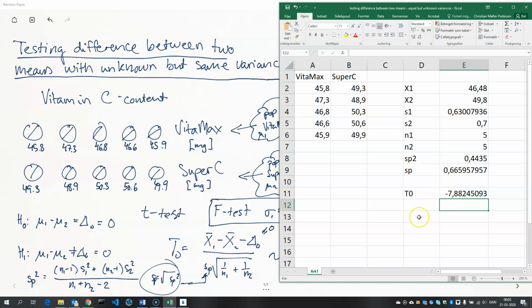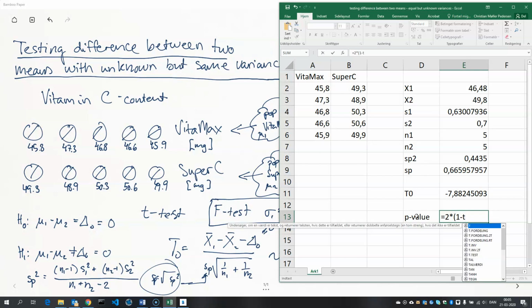That's quite a large, numerically speaking, test statistic. This indicates that we're going to reject the null hypothesis. But let's just compute the p-value. It's a two-tailed test, so the p-value is equal to 2 times 1 minus, and then we need the t distribution, t dot dist on an English keyboard. Here it's called t for Danish.